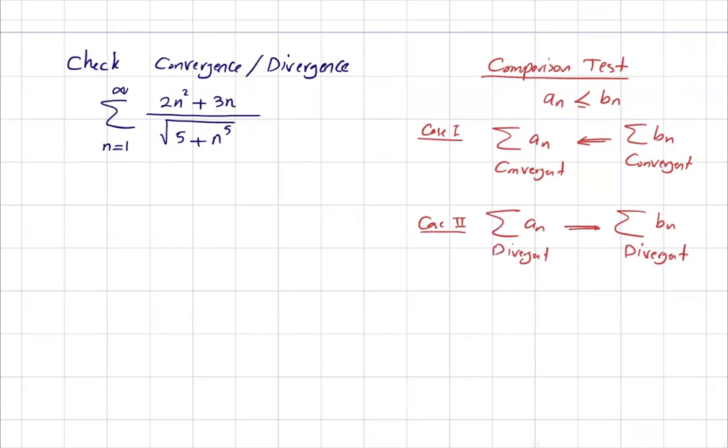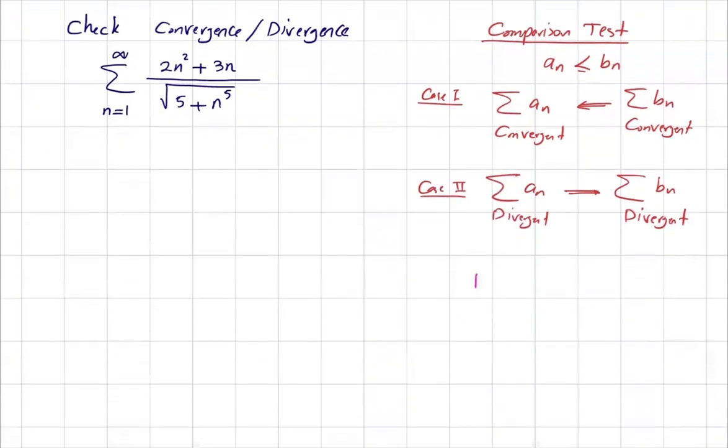Another method is limit comparison test. In the limit comparison test, you're trying to find a series that you already know how it behaves. Then you take the limit of the general term of that series and this series that you have.